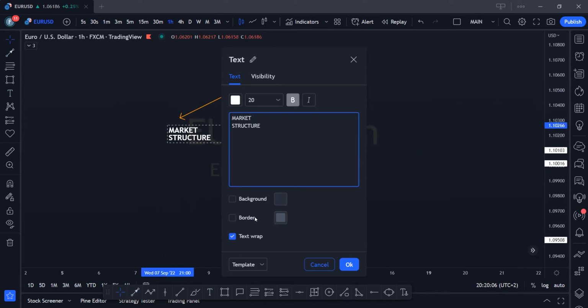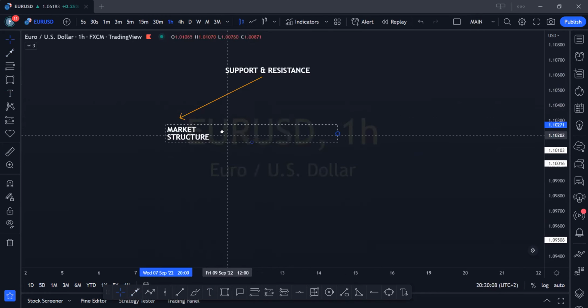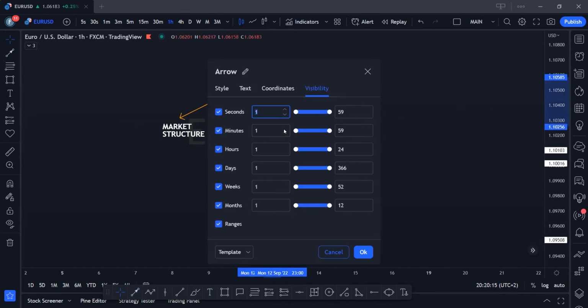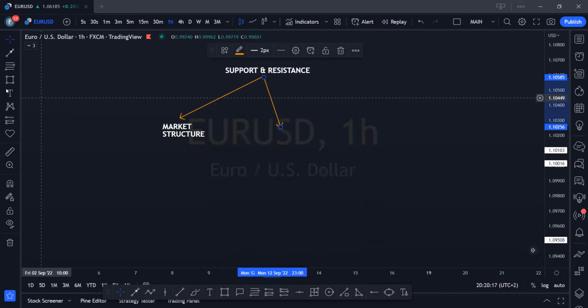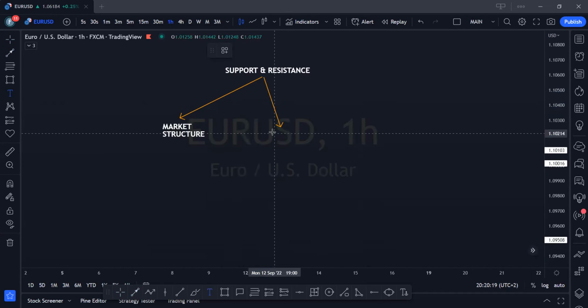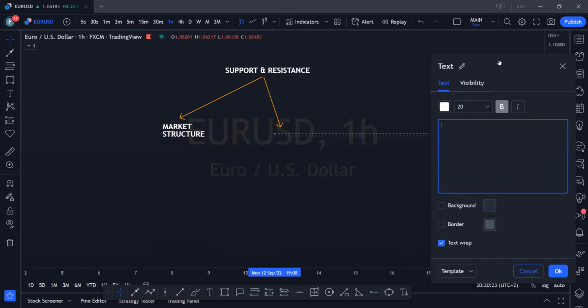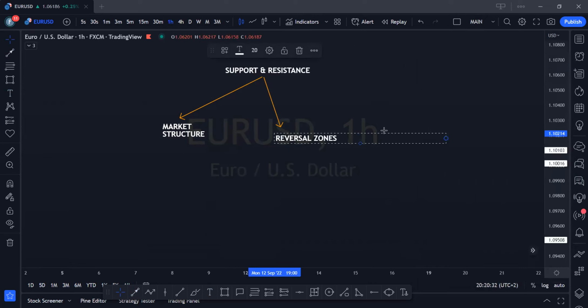About market structure. And then number two, I want you to think about reversal areas in the market, reversal zones or reversal areas in the market.